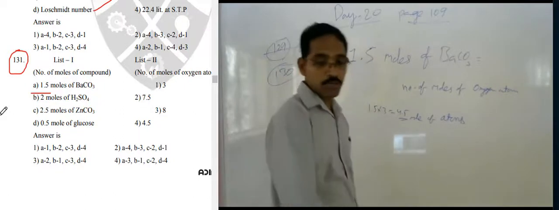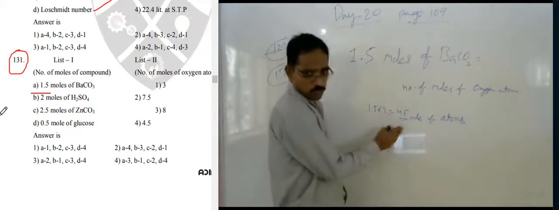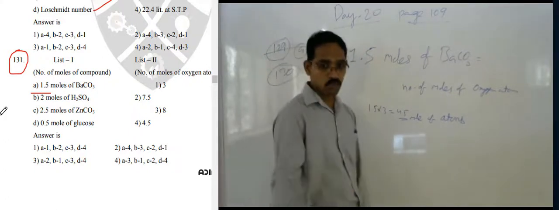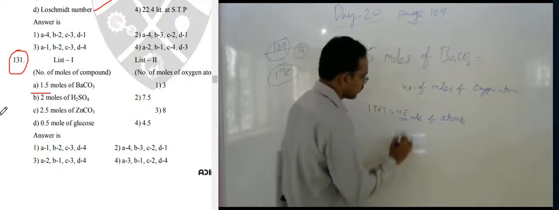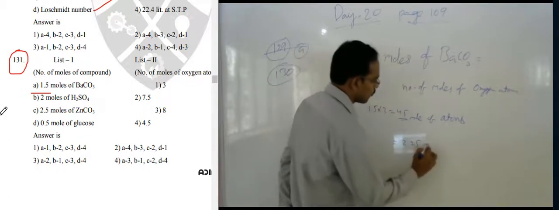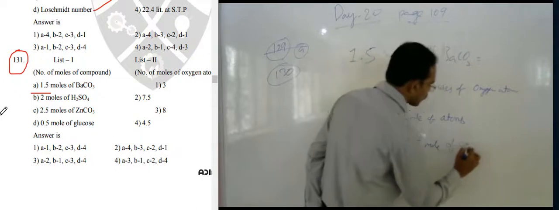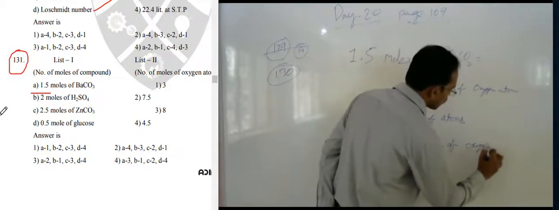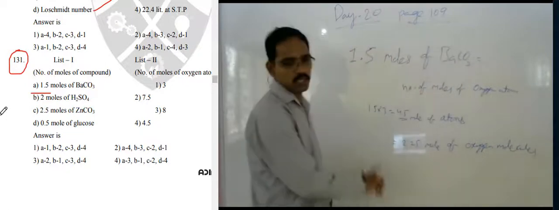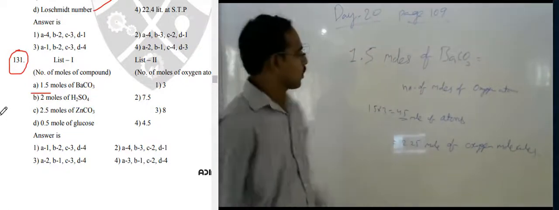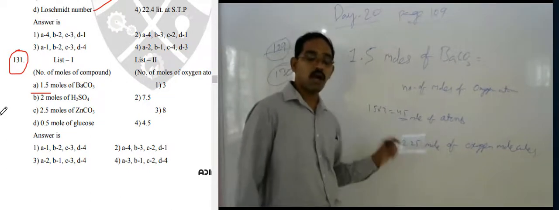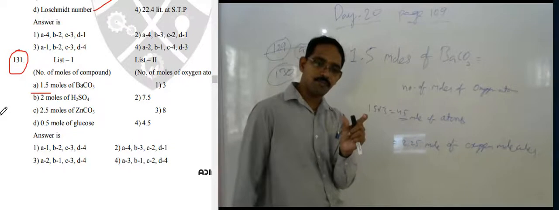If it is asking molecule, just divide with 2. If they ask molecule, I will write here the same answer divided by 2, 2.25 moles of oxygen molecules. Even if it is not asked, I am telling you, if atoms, just into atomicity; if molecule, oxygen is a diatomic molecule.